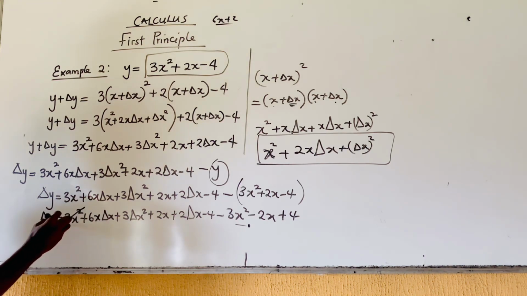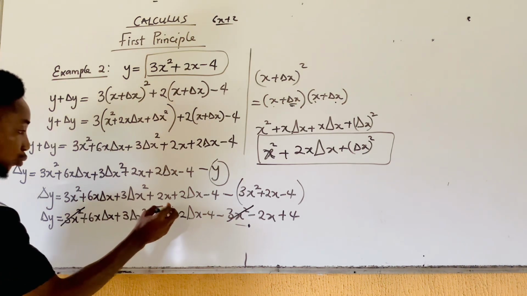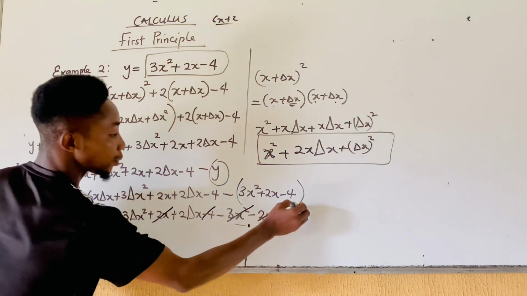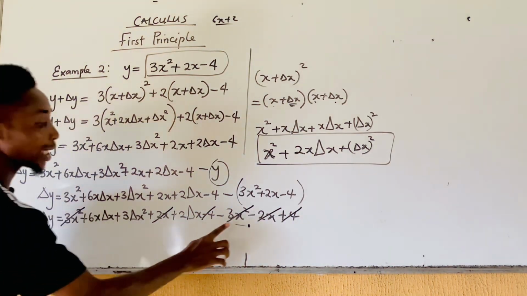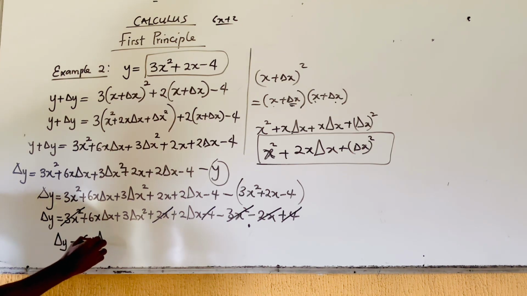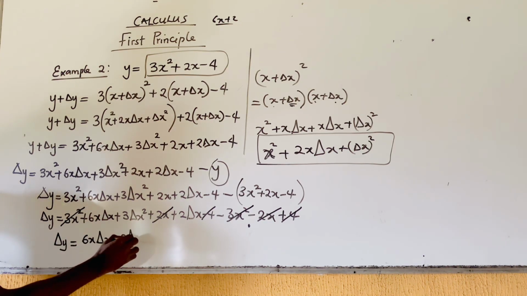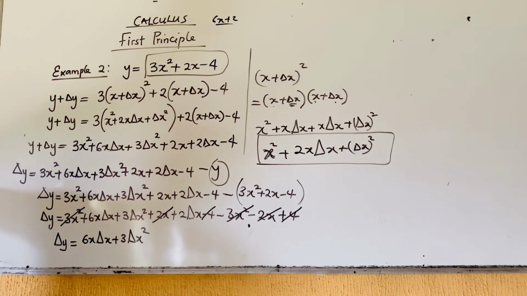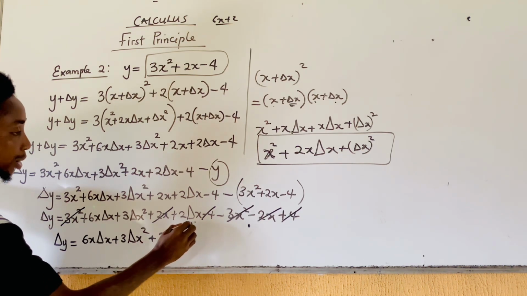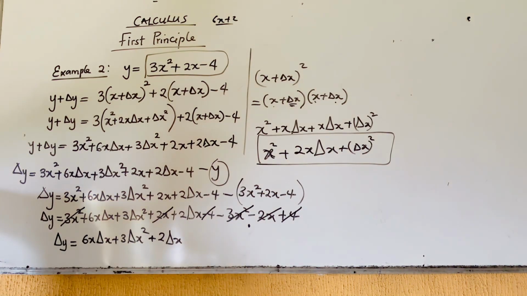So 3x squared minus 3x squared, 2x minus 2x, minus 4 plus 4. You see, we've cancelled out all values of y. Then we can bring all the remaining numbers down. Change in y becomes 6x change in x plus 3 change in x all squared plus 2 change in x. I think these ones are all cancelled out.